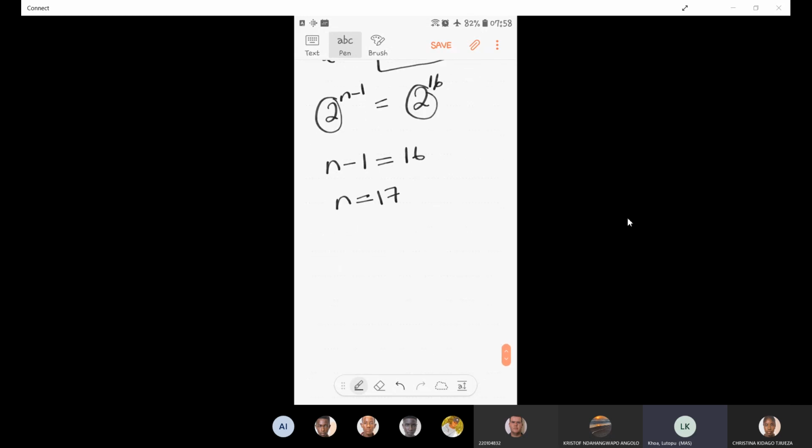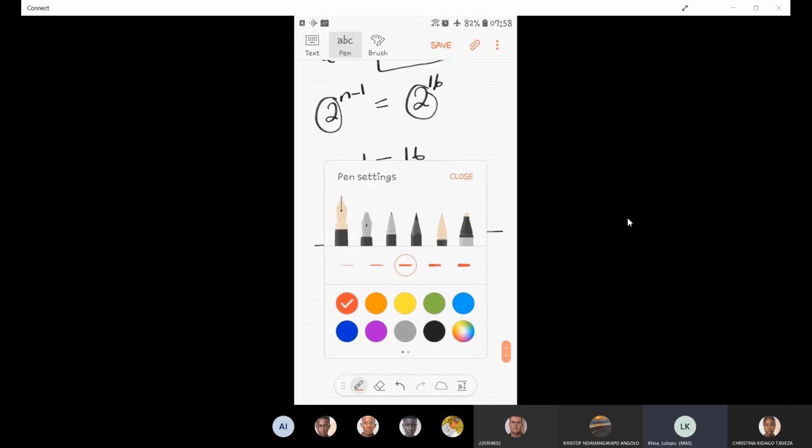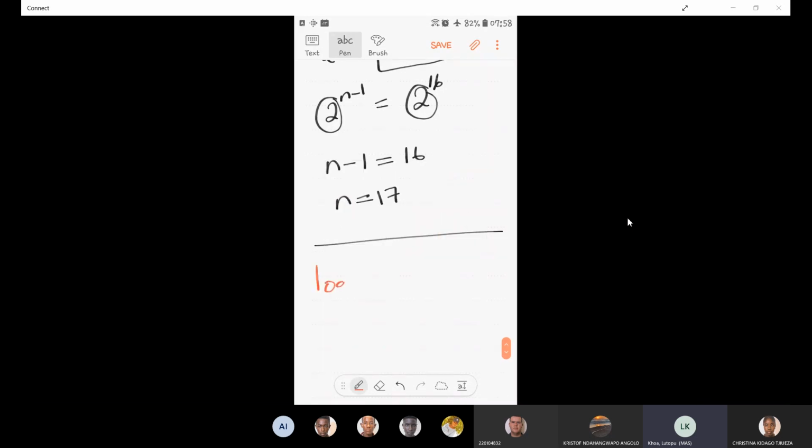And even if you took logs on both sides, here I have log base 2 of 2 to the power of n minus 1. This is log base 2 of 65,536.